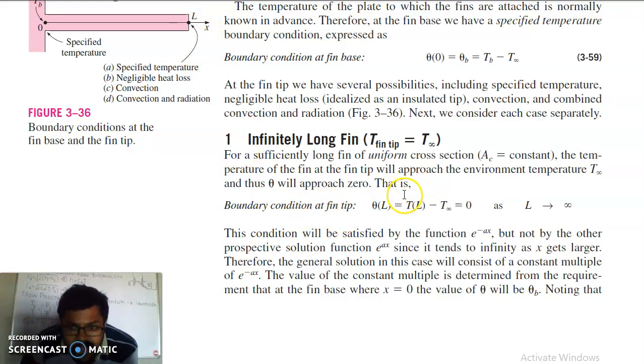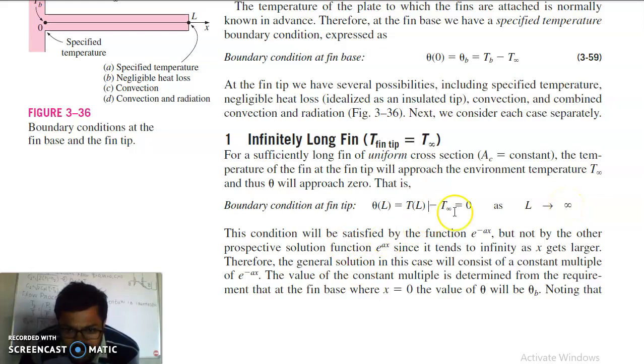So in that case, theta L is equal to 0, because the temperature at the tip, which is L at this point, is the same as the environment, so it is equal to 0 when L tends to infinity, means for a very long fin.